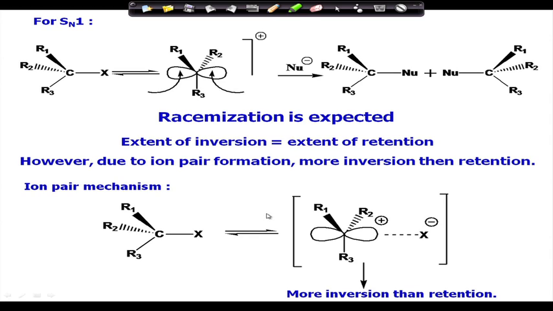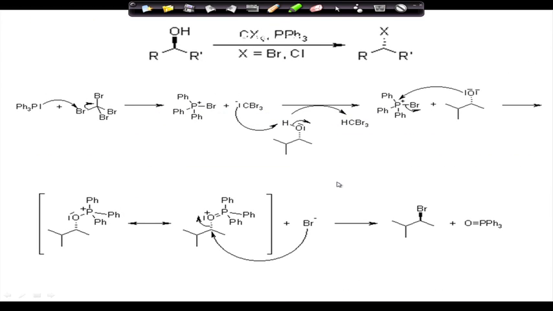So, the nucleophile will have a preferential attack from this side rather than this side, because this is a little bit hindered. The hindrance is coming from the counter ion, that means the X minus of the ion pair. So, there will be more inversion than retention. So, in SN1 in many cases the racemic mixture is not obtained, but there is more inversion, and that signifies that there is an ion pair mechanism.